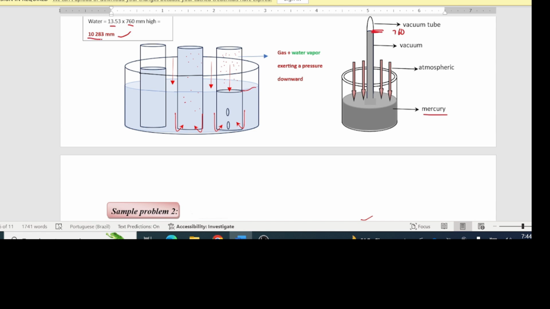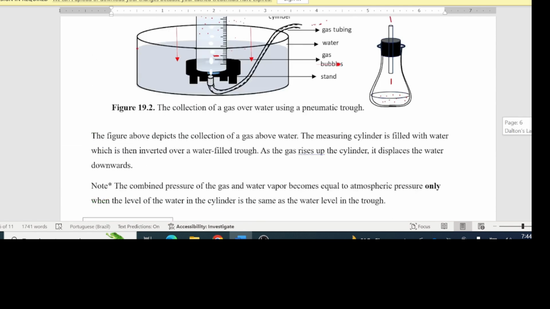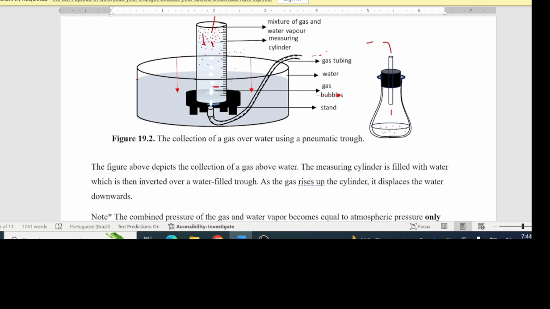So if a cylinder is filled with water and then inverted into a water-filled pneumatic trough, it will remain full. Let's go back to this diagram here. If that was filled with water and no gas went inside, it will remain full because the atmosphere is pushing that up and is capable of pushing it up to a higher degree, okay? So that's just the point I want to make.